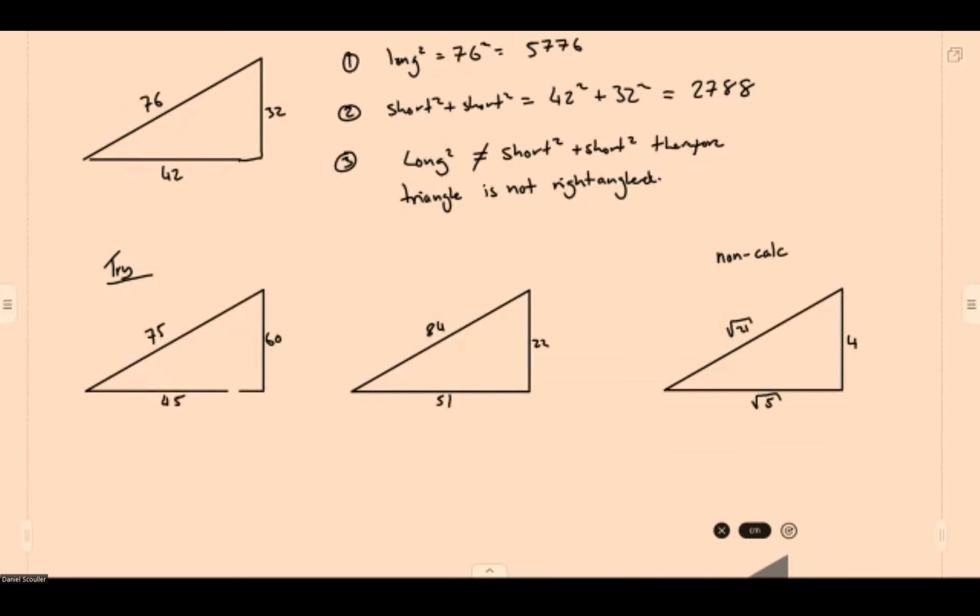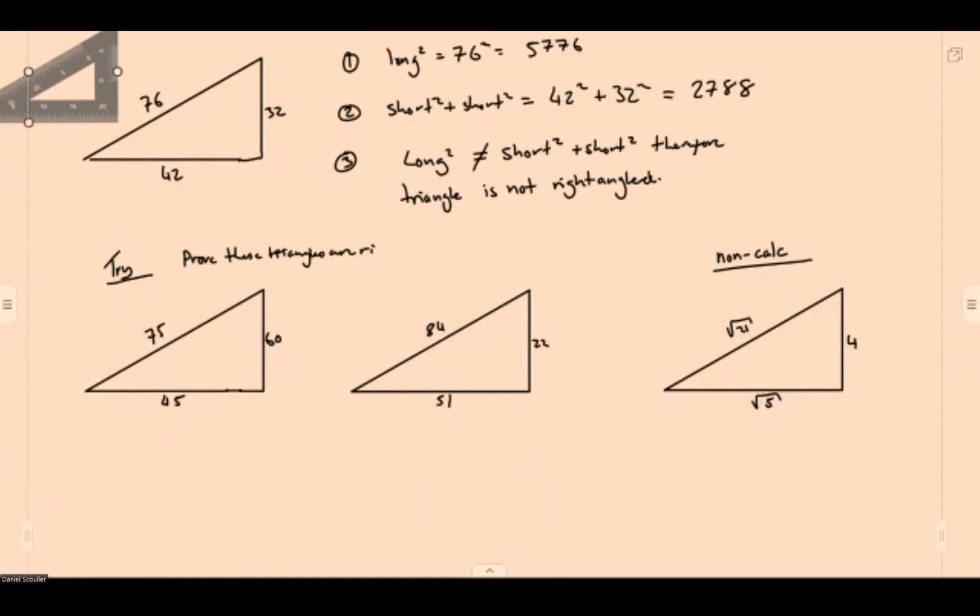That last one, non-calculator. All right, so prove or otherwise. Okay, so 3 of them.